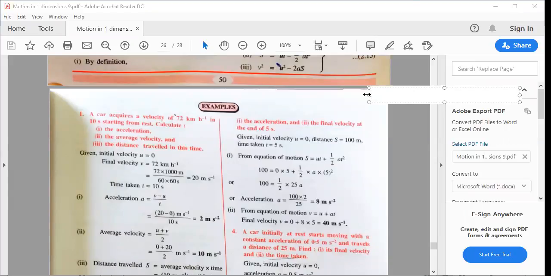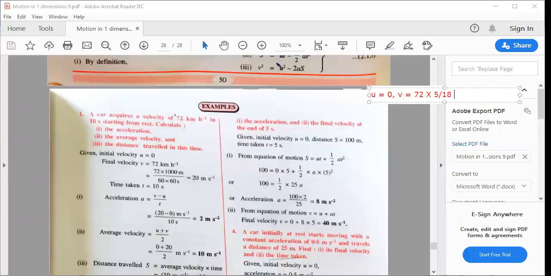A car is acquiring a velocity of 72 kilometers per hour in 10 seconds starting from rest. So what is u? u is 0. What is v? It is 72. Now we need to convert it into meters per second. How do you convert? Multiply by 5 upon 18. Remember?